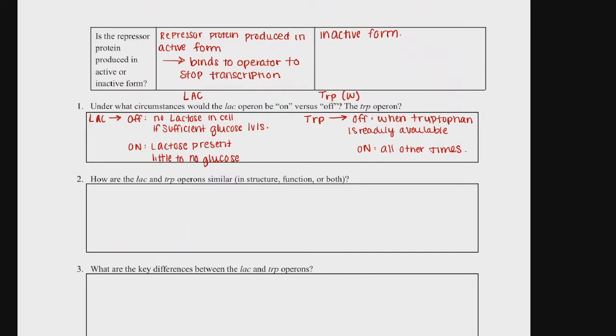Both have regulatory genes that produce repressor proteins that can interact with the operator and stop transcription.